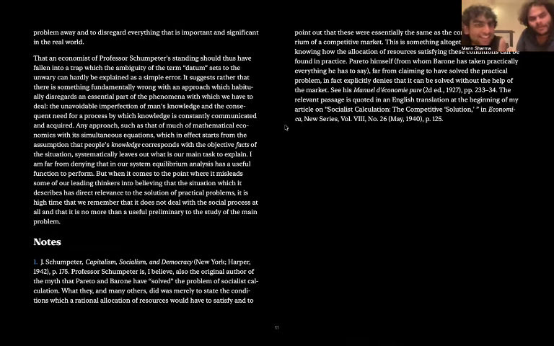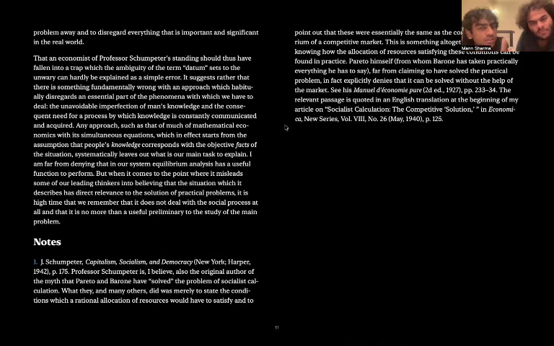To the unaware, it can hardly be explained as a simple error. It suggests rather that there is something fundamentally wrong with an approach which habitually disregards an essential part of the phenomena with which we have to deal: the unavoidable imperfections of man's knowledge and the consequent need for a process by which knowledge is constantly communicated and acquired.